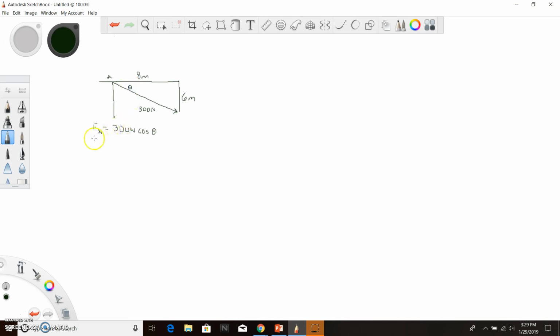Okay, and we know that this one is going to be 300 newtons times the sine of theta.